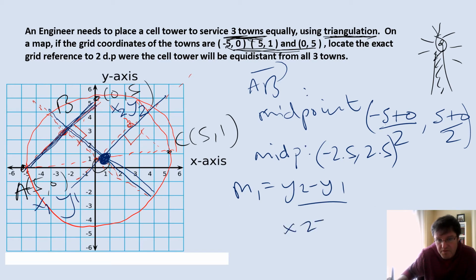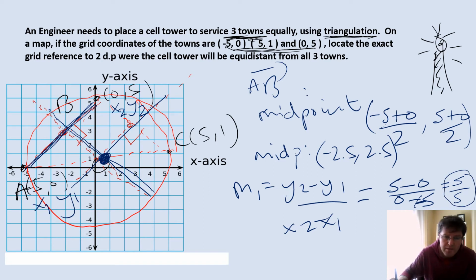So in this particular example, I will be working with 5 minus 0 over 0 minus x1, sorry, this should be minus and minus 5. So what I've got there is actually just 5 over 5. So my slope is 1.